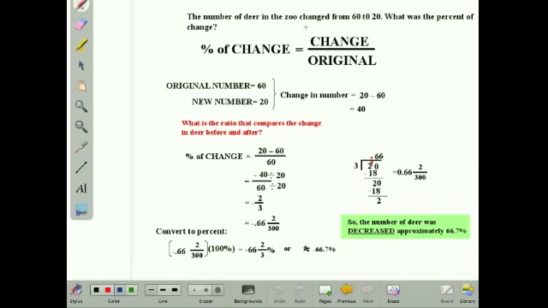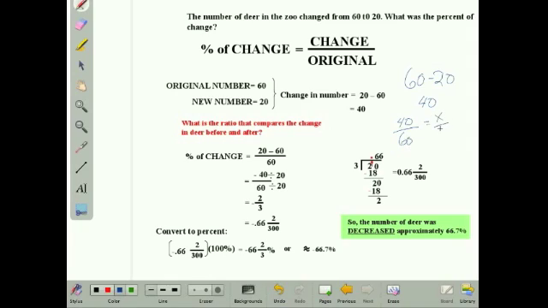The number of deer in the zoo changed from 60 to 20. What was the percent of change? Well, my change in this case is 60 minus 20. We've gone from 60 to 20, so we've lost 40. So I'm going to take that number, 40, and divide it by my original, and my original was 60.